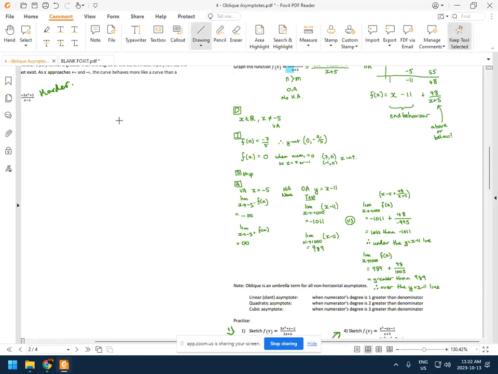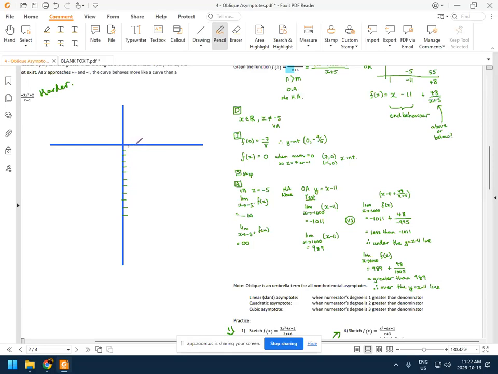I recommend, if you're sketching this, please have a slightly larger space on the bottom of the graph, because my straight line has a y-intercept of -11. Here we go. 1, 2, 3, 4, 5, 6, 7, 8, 9, 10, negative 11.